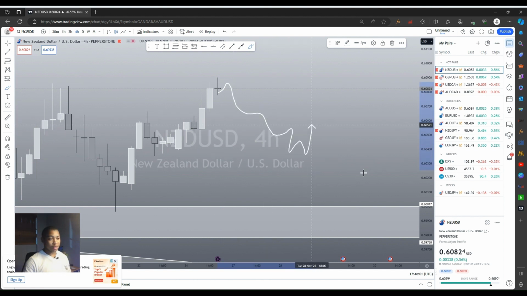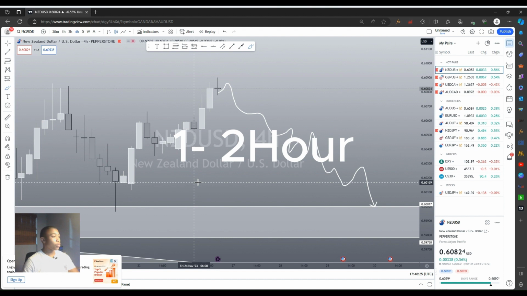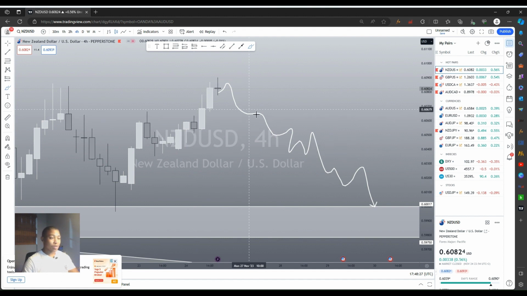I know this is not the best annotation, but yeah, we'll have to work with it, into this support level right here. And then here is where we'll look for possibly candles such as this one right here. Something very strong indicating that bulls are in the market, but those candles, you'll look for them on either the 2 hour or the 1 hour, and those are my entry time frames.